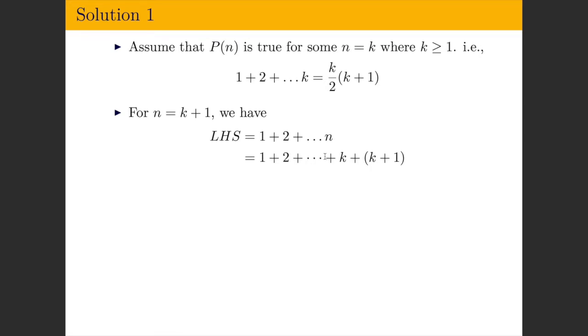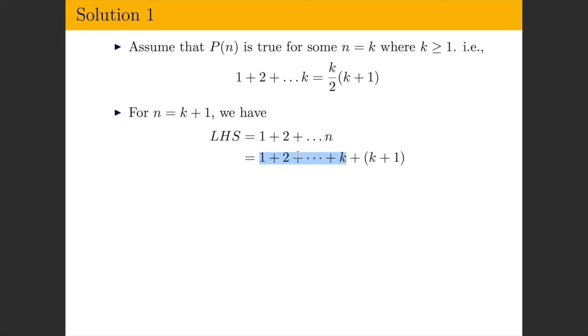Now, here is the fundamental procedure, I suppose, of a mathematical induction proof: to insert the assumption that we've made inside this next section. So you see here how I've got 1 plus 2 plus all the way to k.